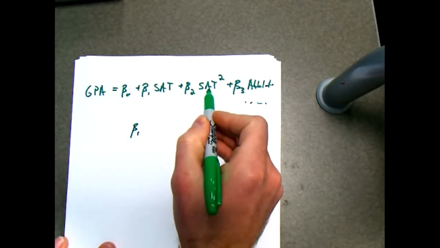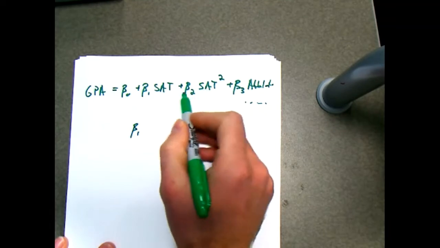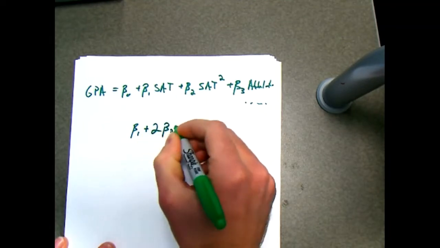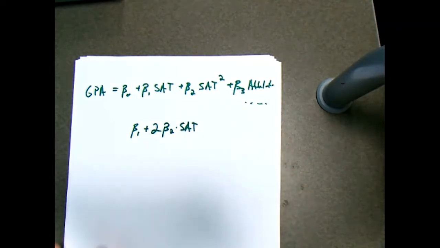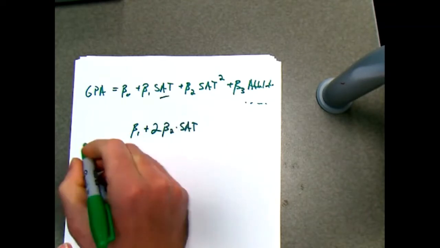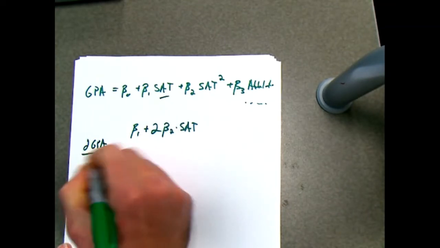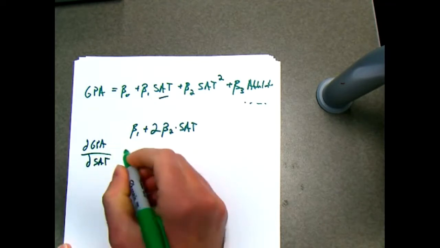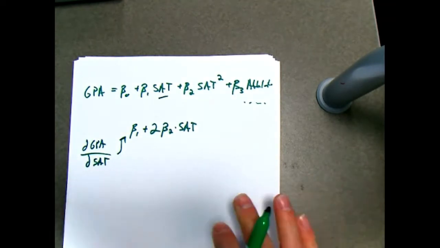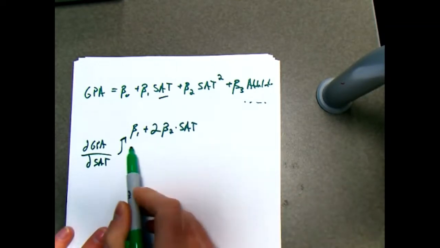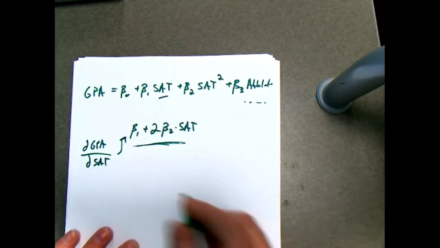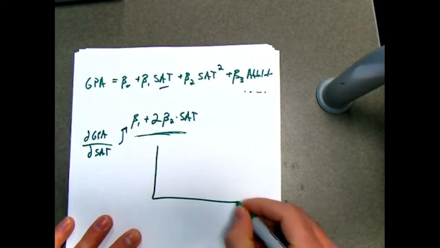But also if it goes up here, a 1 point increase here is going to impact the coefficient as well. And what ends up being true, if we take a derivative of this function with respect to what's changing, so the change in GPA from a change in SAT, we're going to get this term here. Now, I'm not going to expect you to know how to do that. I'm just mentioning it because it's there in the output. And past this course, you could pick up these nonlinear relationships, right?